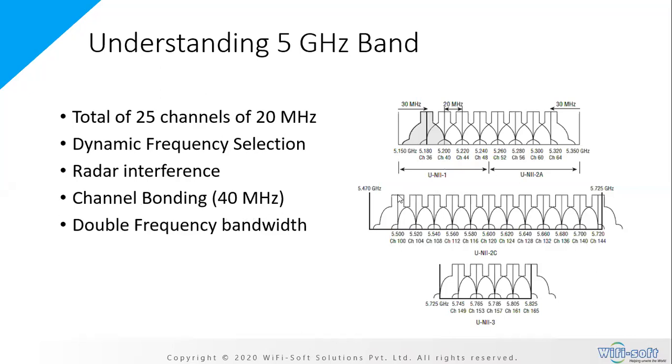Basically, you aggregate 20 megahertz channels and get 40 megahertz channels, and because you get double the bandwidth, you are increasing your throughput. We'll see how, by doing this channel bonding, you are effectively increasing the bandwidth, and what the pros and cons of doing that are.